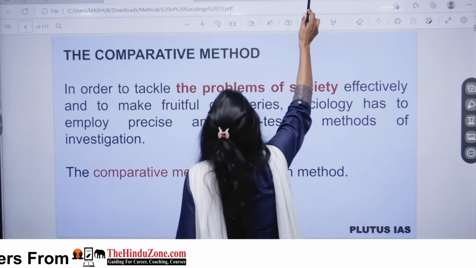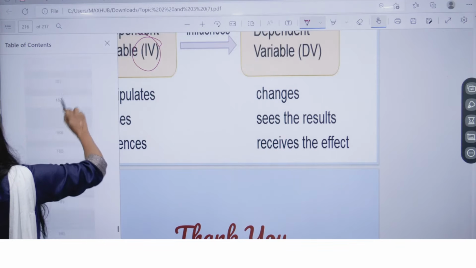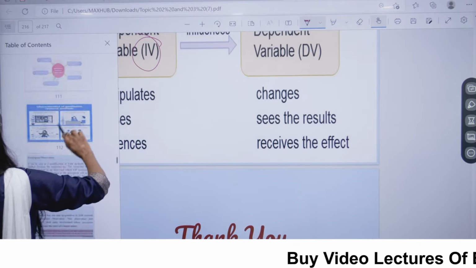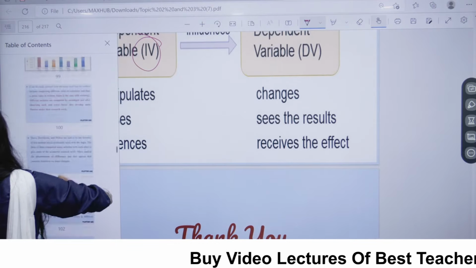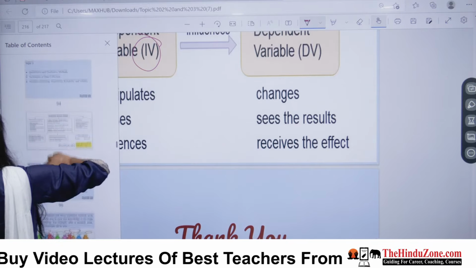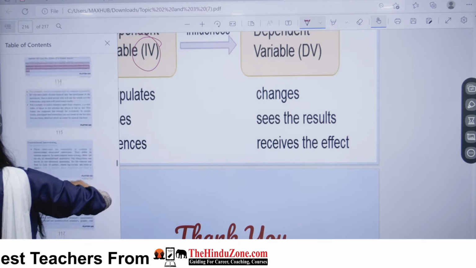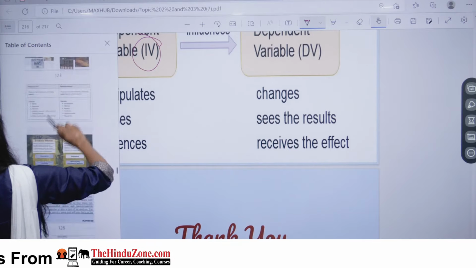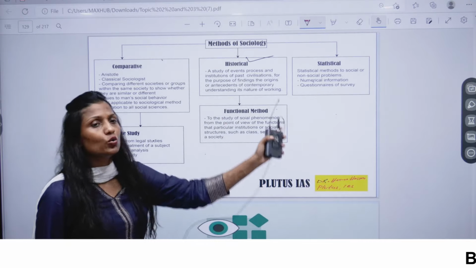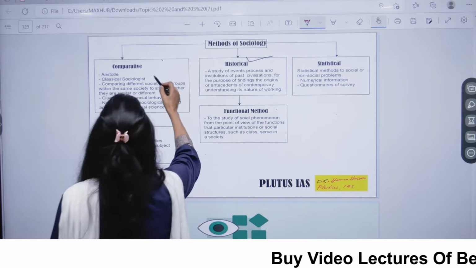Let me explain you through this. One by one we will use these methods. So please write down about comparative methods first.